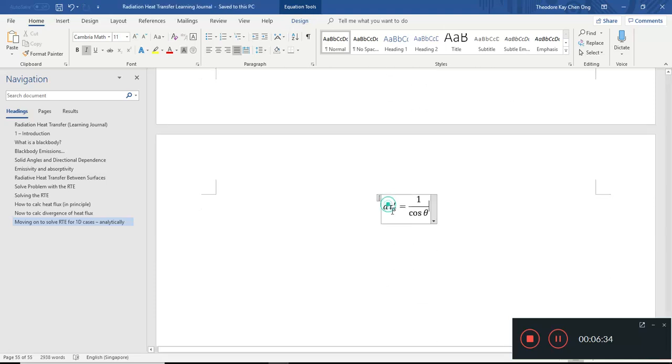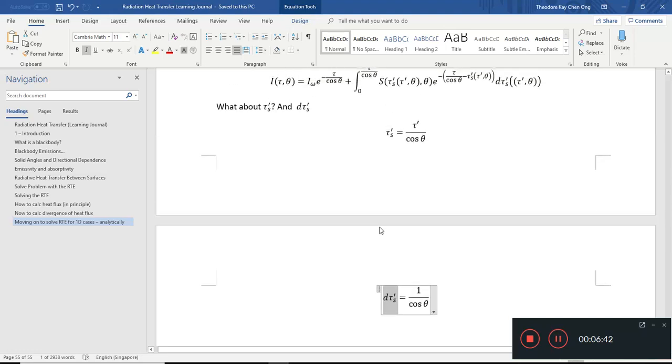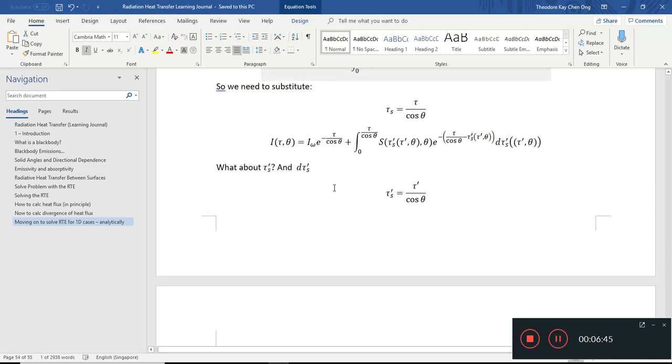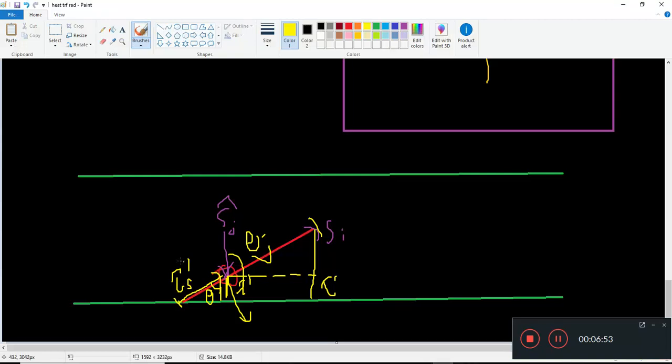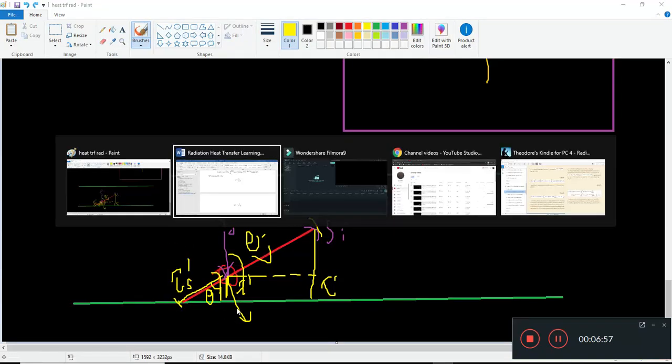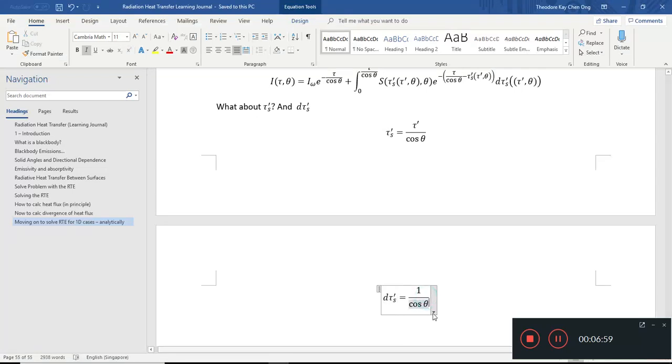Why is it constant? For each tau prime s, theta is fixed. Of course, if we vary theta, the tau prime s will vary accordingly.